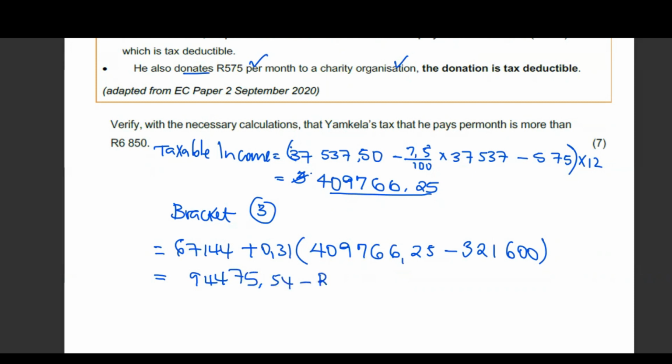Let's subtract the rebate. We shall not subtract the medical credits because they never talked of medical credits. Remember, the primary rebate was 14,958. Subtract that, and you end up having this much money.